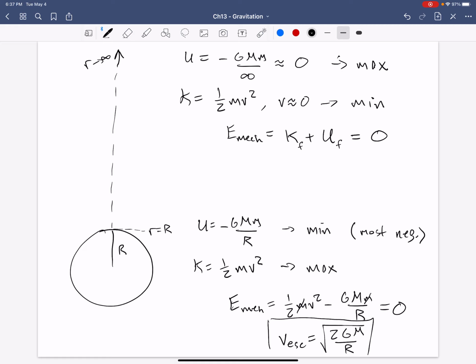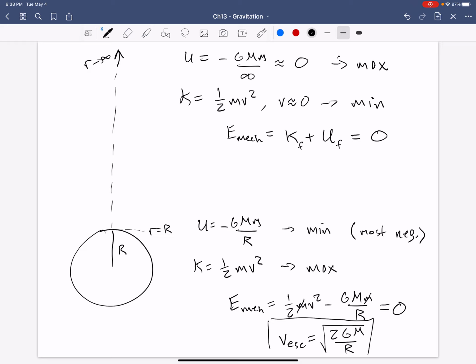Okay? And so this is known as the escape speed. To put this in context of the rest of the video, it's the minimum speed an object needs to escape from a planet's gravitational pull.